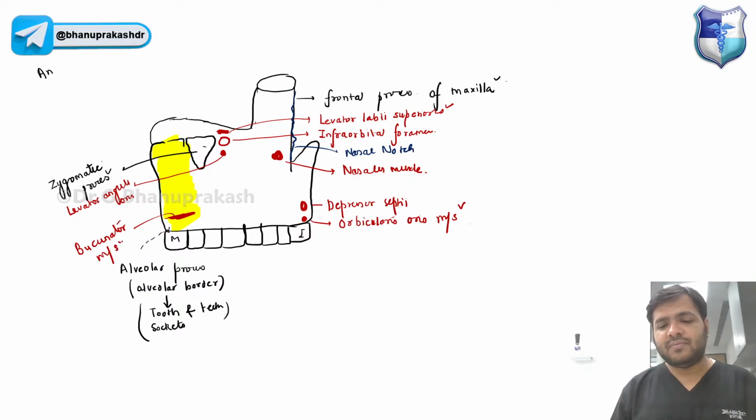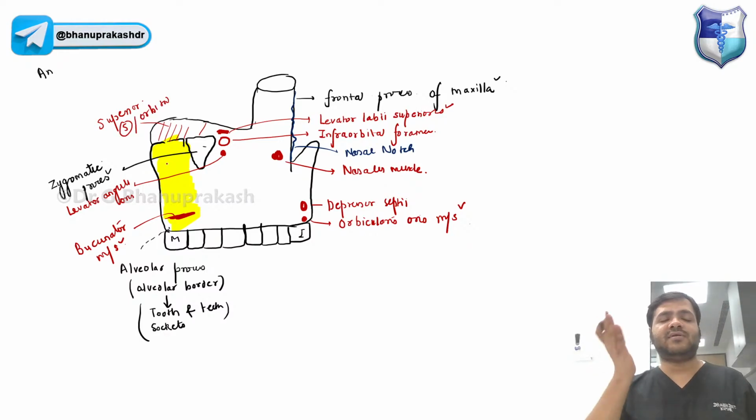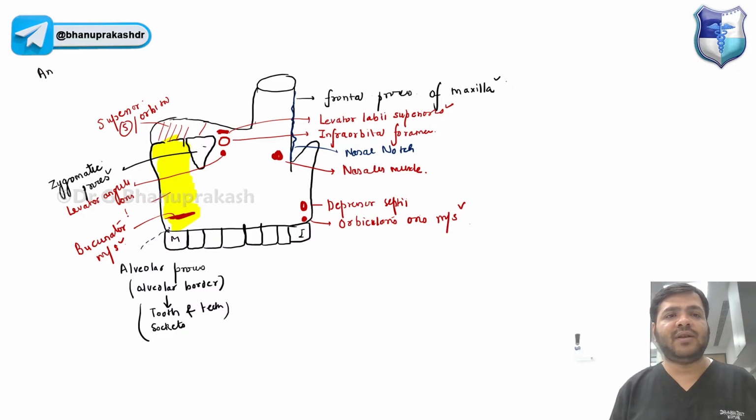Above, you already know we have a surface called the superior surface, which we also call the orbital surface, as it forms the orbit. The posterior surface faces the temporal bone, and the posterior surface I have marked in yellow basically forms the infratemporal part also, so we call it that too.